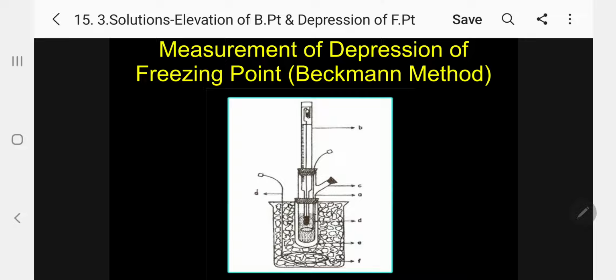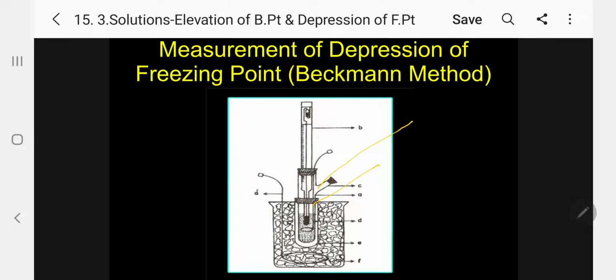So this is the actual vessel we are going to use. Let me explain what they are. There is an inner tube. Kindly follow, this is the inner tube. Outside there is the outer tube, like an outer boiling tube. The inner tube has a side tube, and at its mouth we introduce the Beckman thermometer.